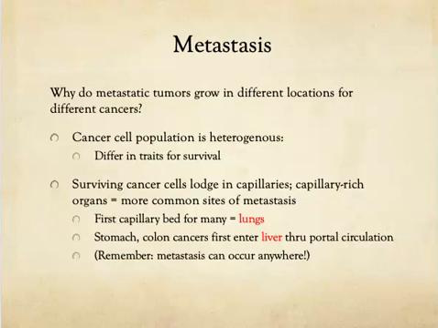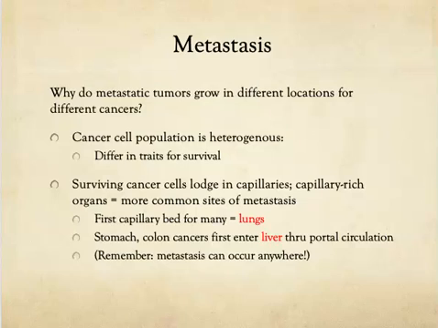The other thing to remember is that there is an anatomical reason that metastasis occurs in some tissues more commonly than others. Remember, a metastatic tumor can grow anywhere in the body, but it just turns out that most of the time they're growing in a short list of locations.